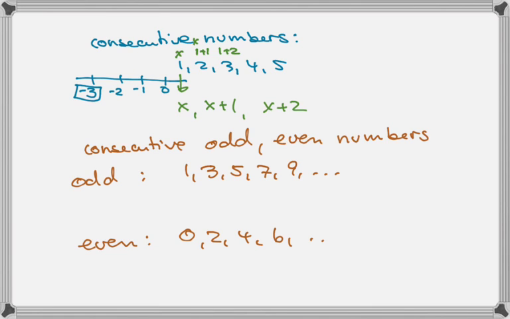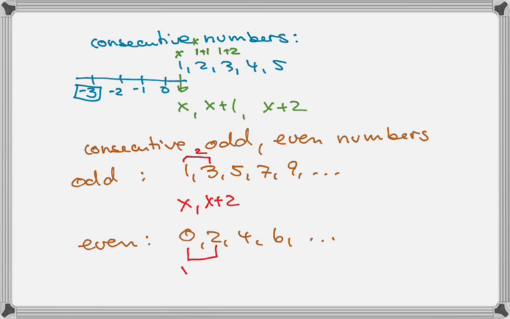Now, in terms of variable, if we start with the first variable, which we call x, the second one is 2 more. So that would be x plus 2, and it doesn't matter if you're odd number or even.